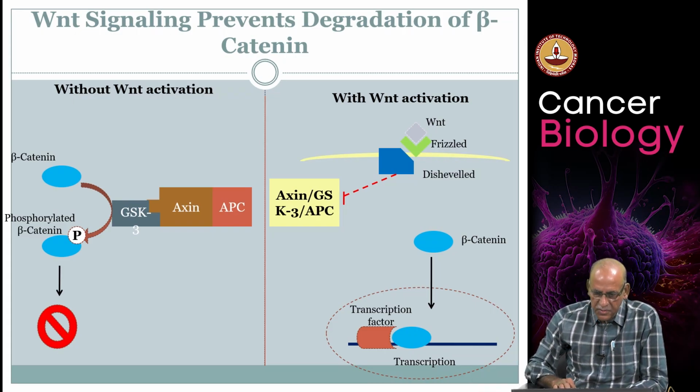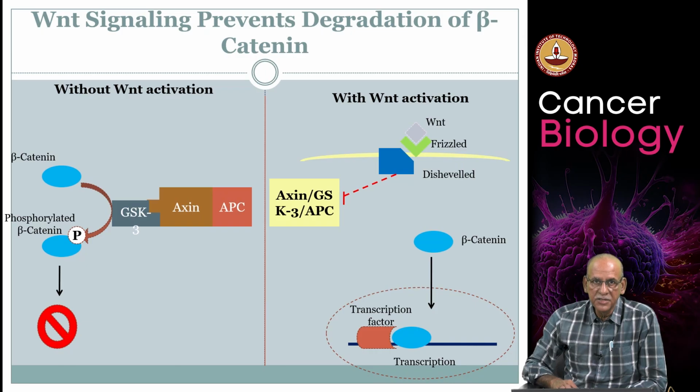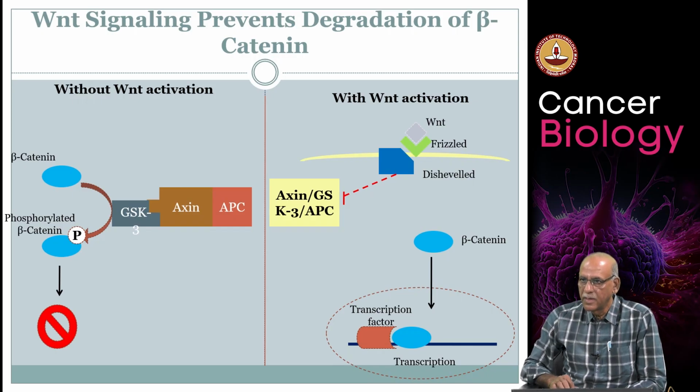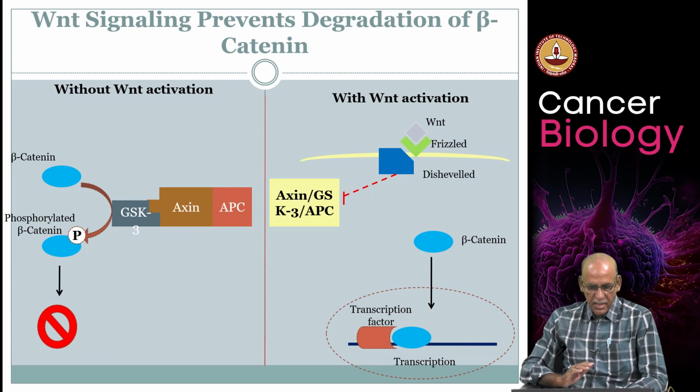This has to be understood, it is a very important signaling. Wnt signaling basically prevents degradation of beta catenin, and thereby helps beta catenin to translocate to the nucleus, and then the signaling takes place. So, normally it is kept degraded.